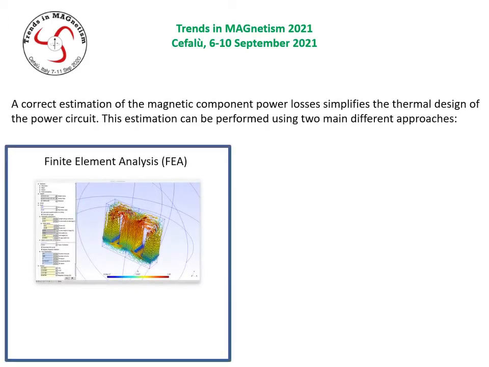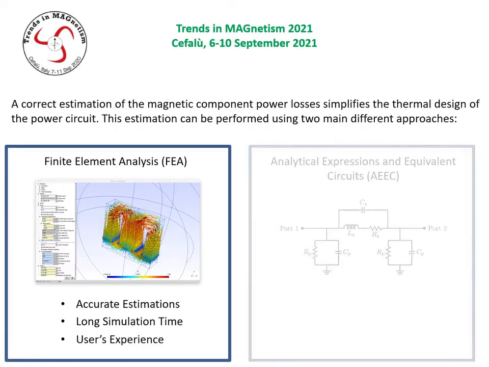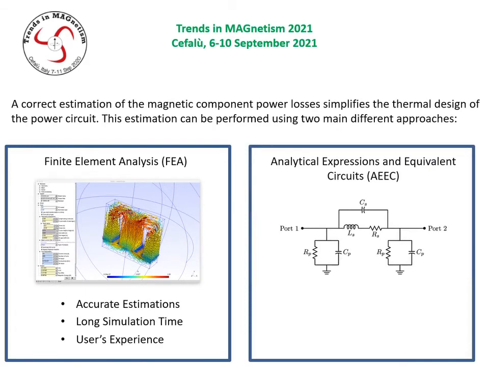The first one is the finite element analysis approach, which has some advantages, such as the possibility to have accurate estimation. On the other hand, it usually requires a long simulation time and the results obtained are strictly related to the user experience. The other approach is the analytical expression and equivalent circuit.